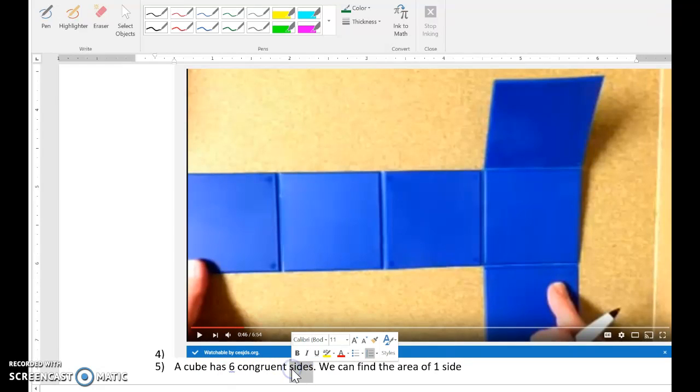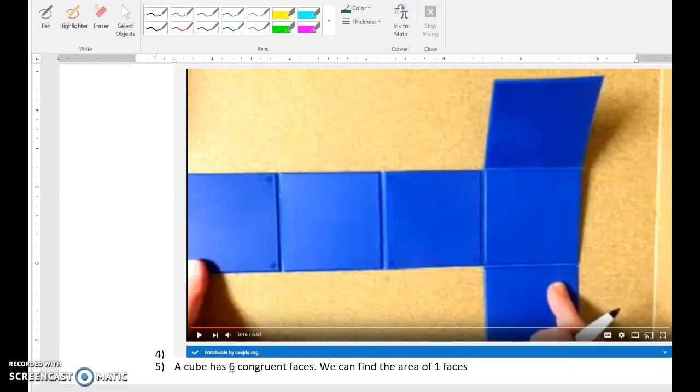Actually, we should go back and we should write the word faces because that's the proper term. We can find the area of one face and multiply by 6. Now, if we wanted to do this the rectangular prism way, we could do front and back are the same, top and bottom are the same, left and right are the same, but those would all be the same as each other. So that's nice and easy for us to do, nice and straightforward.